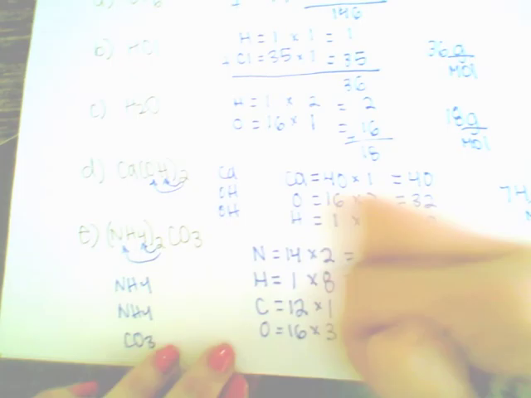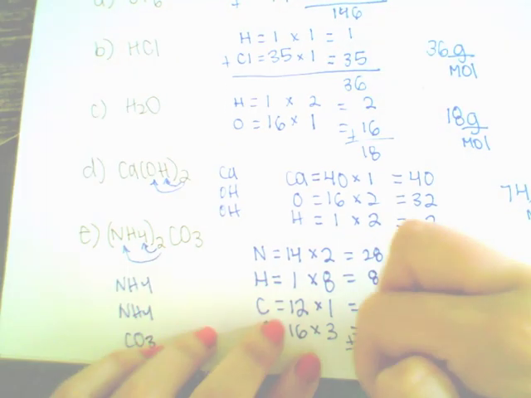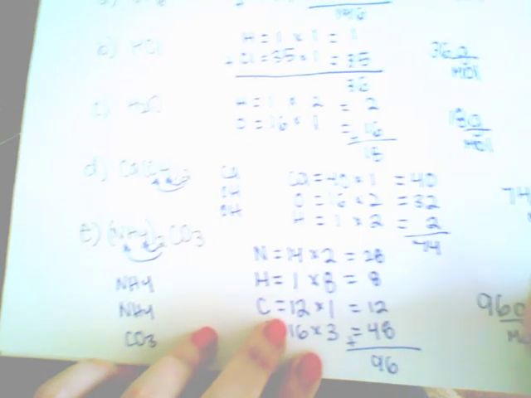Now we're going to add those together. 28 plus 8 plus 12 plus 48, and you get a molar mass of 96. So your answer is 96 grams per mole.